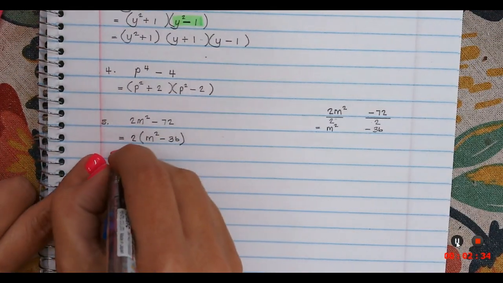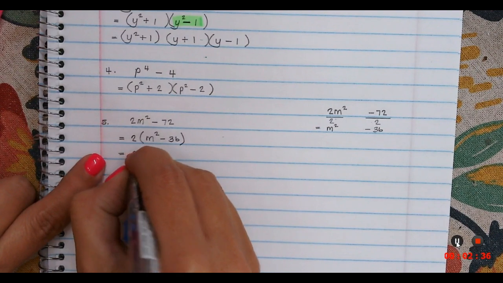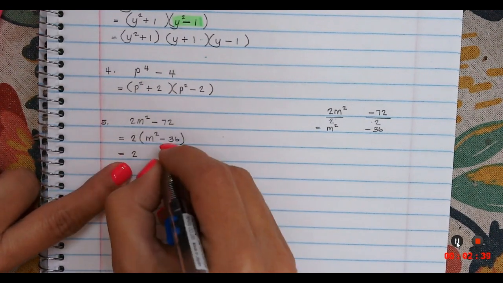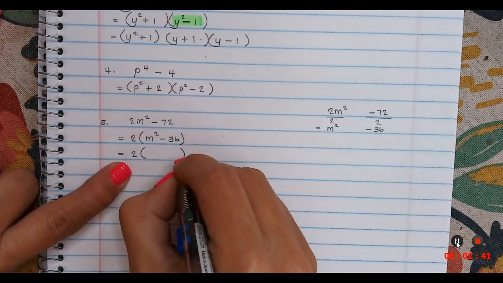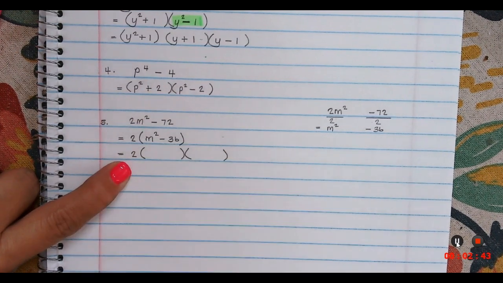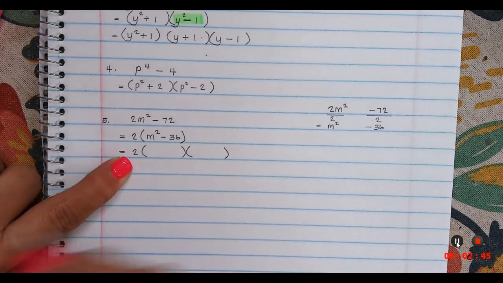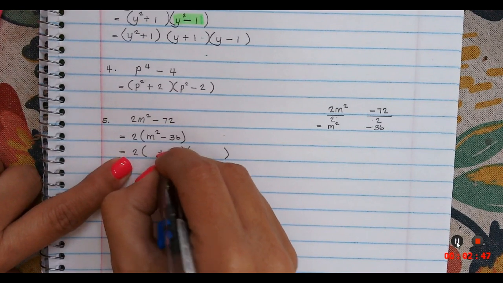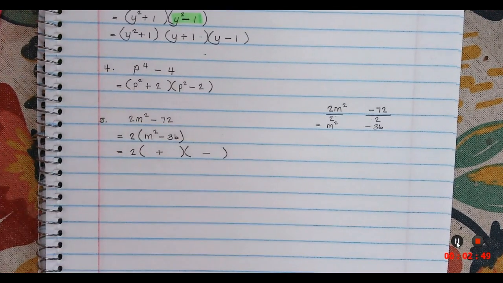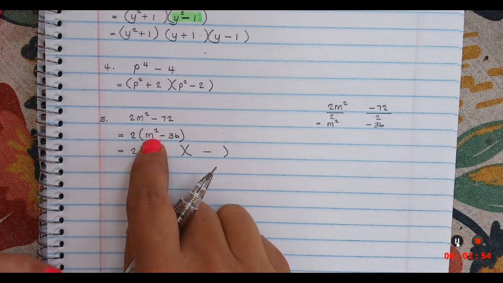So I copy and paste my 2. Then the difference of squares factorizes to hockey, 2 brackets. Remember, the first bracket always positive, second bracket always negative. So I want to know what the square root of m squared is.